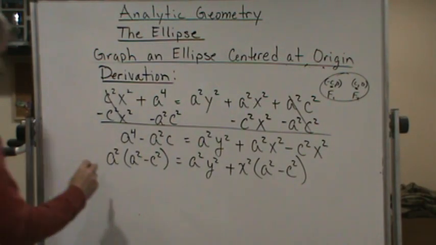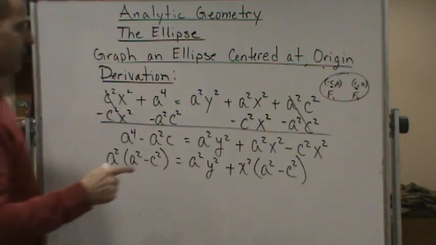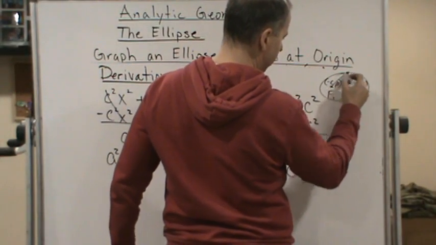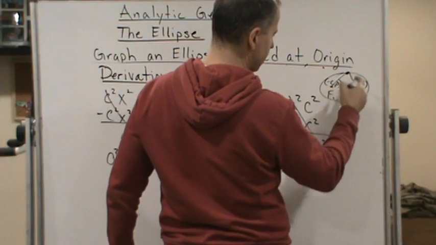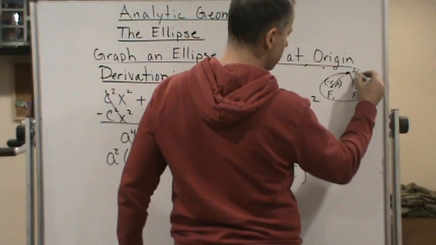Okay, so we know the distance between the two foci is 2c, and we know that the sum of the distances to a point on the graph has to be equal to 2a.